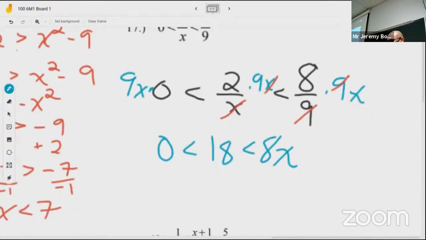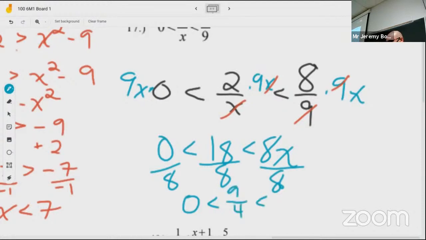Let's divide, just like we normally would, each part by 8. What we end up with is 0 is less than 9 over 4, which is less than x. So what does that tell us about x?